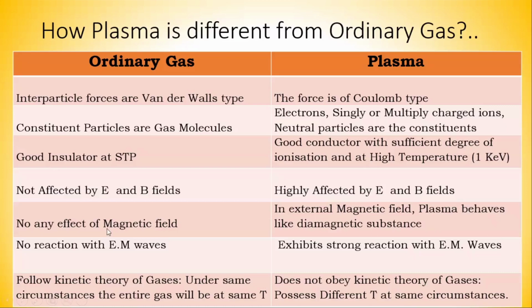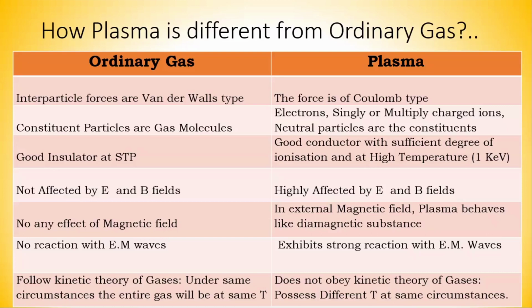There is no effect of the magnetic field on the ordinary gas, whereas the plasma gas is affected by an external magnetic field. It behaves like a diamagnetic substance. Fine. There is no effect of electromagnetic waves on the ordinary gas, whereas plasma exhibits strong reaction with electromagnetic waves. So electromagnetic waves affect the plasma.